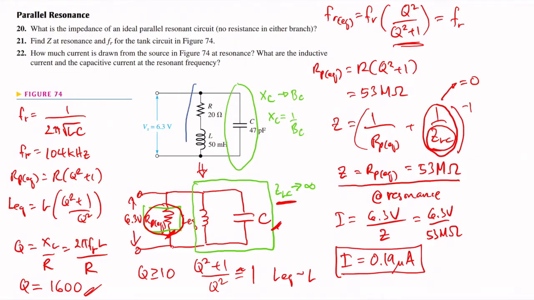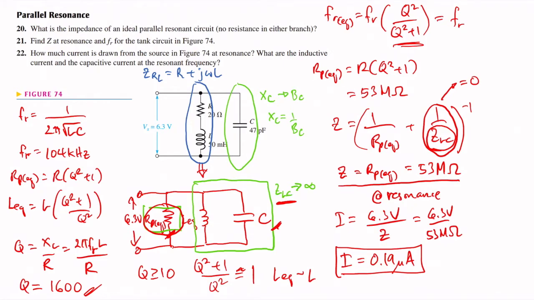The next step is to solve for the current in this branch. The current in that branch is given by the series combination of these RL devices. So this is nothing but R plus jωL.